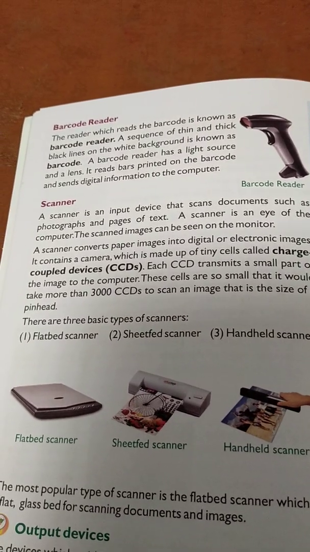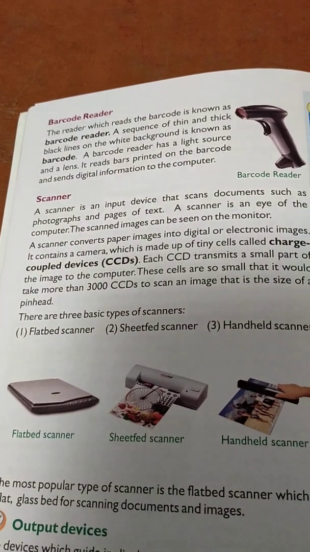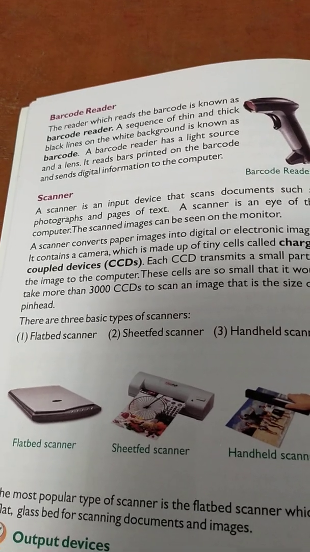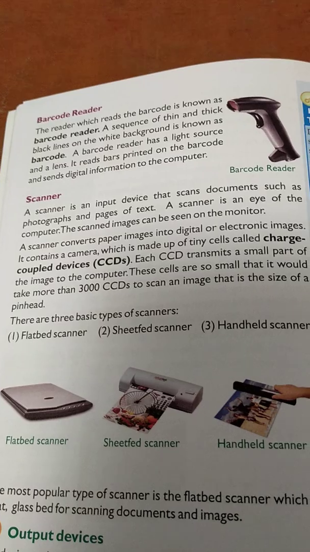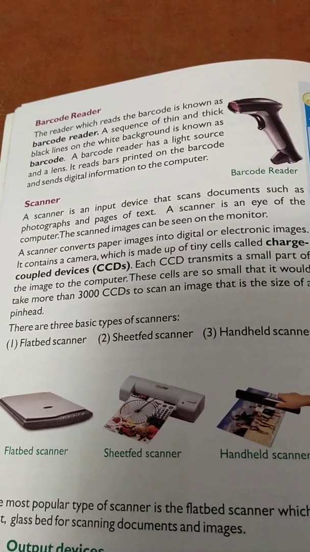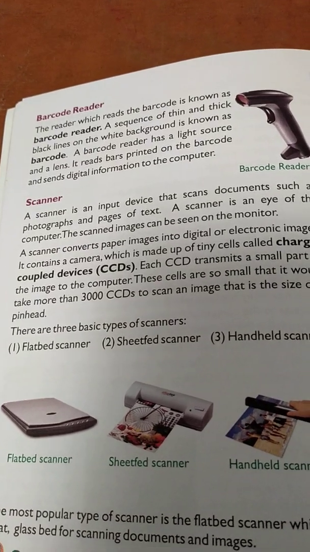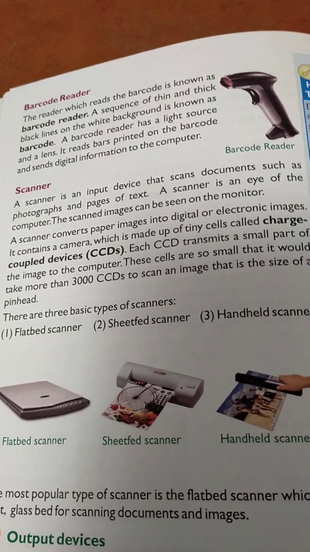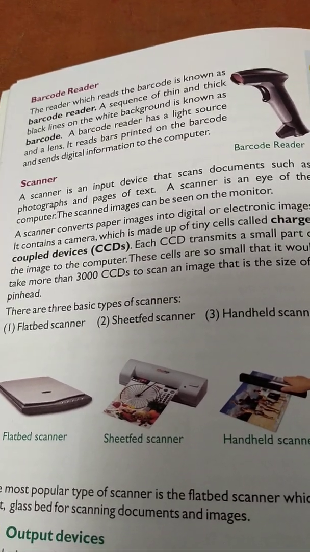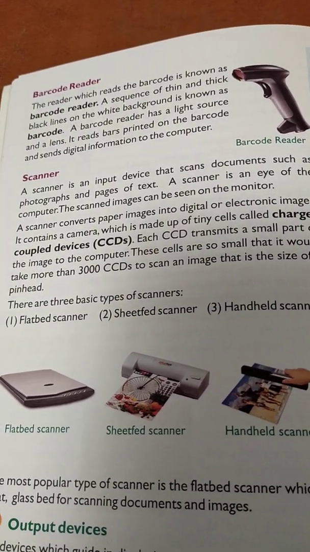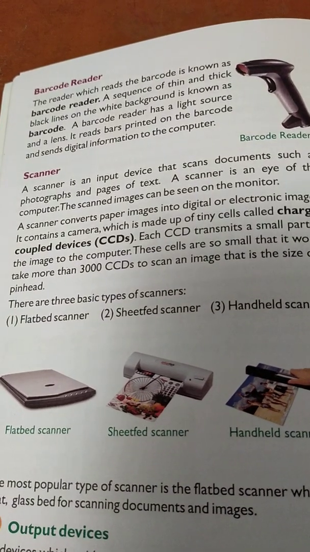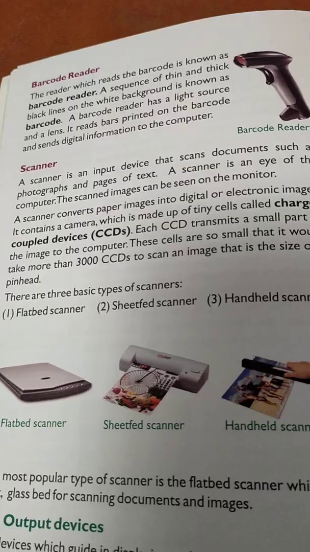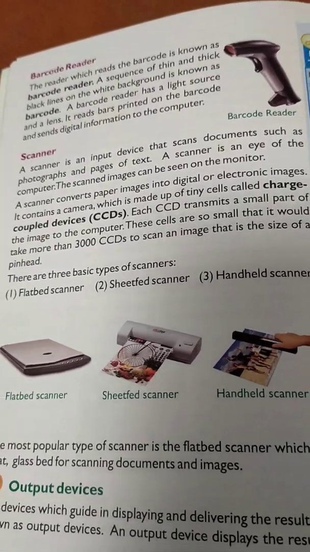What is the name of the tiny cells? Charge coupled devices. These cells are so small that it would take more than 3000 of them to scan an image the size of a pinhead.